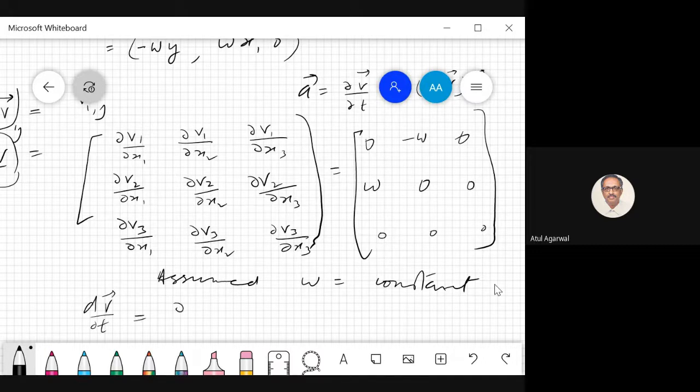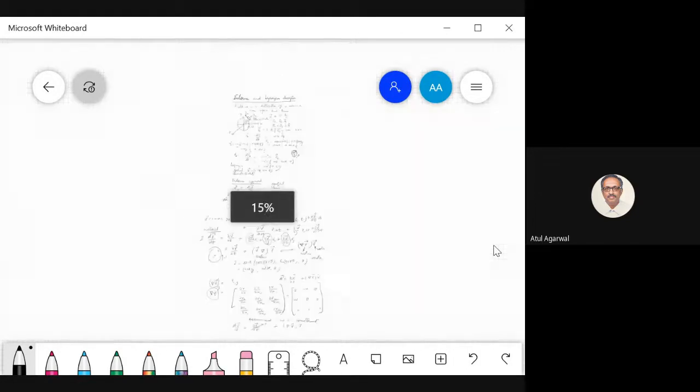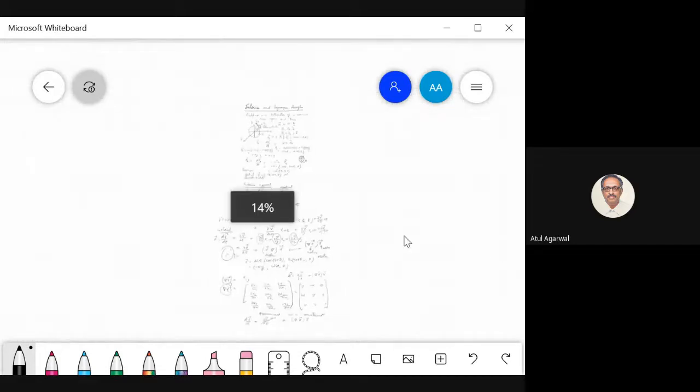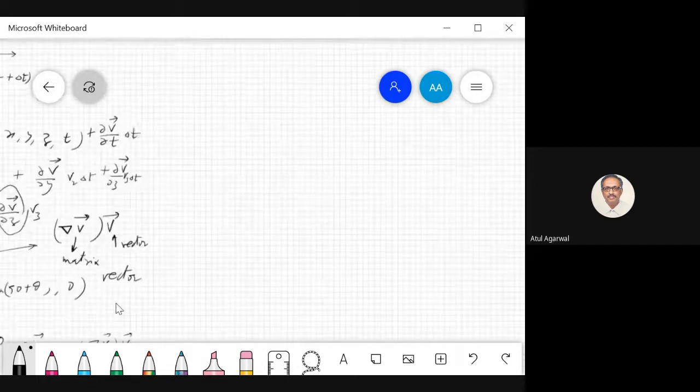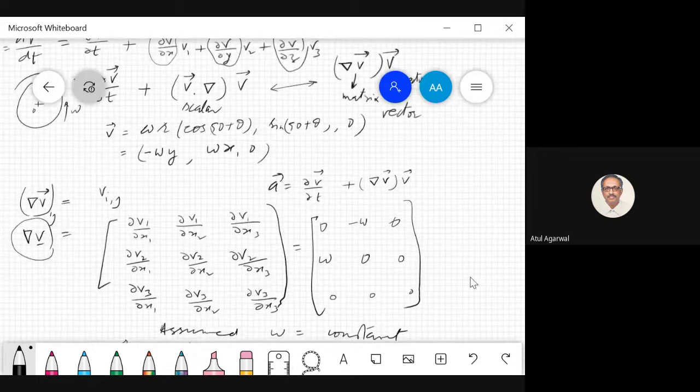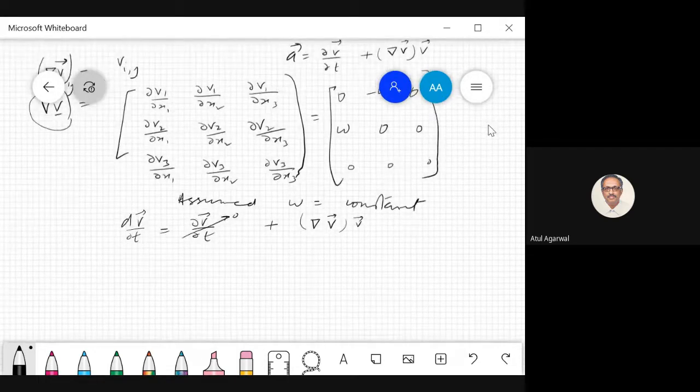Now because del v by del t is 0, plus gradient of v into v. So what do you get? 0 minus omega 0, omega 0, 0.